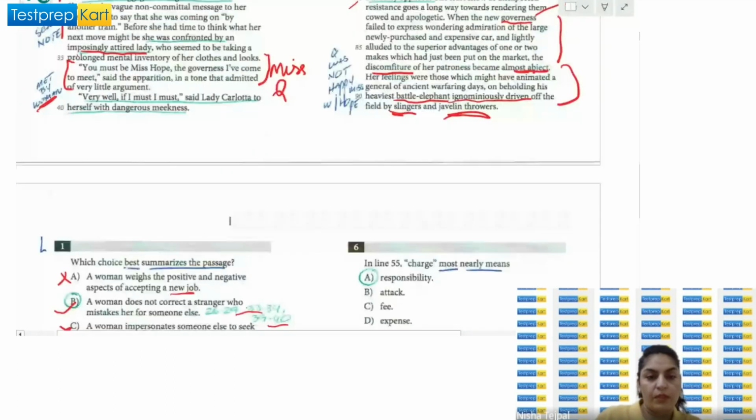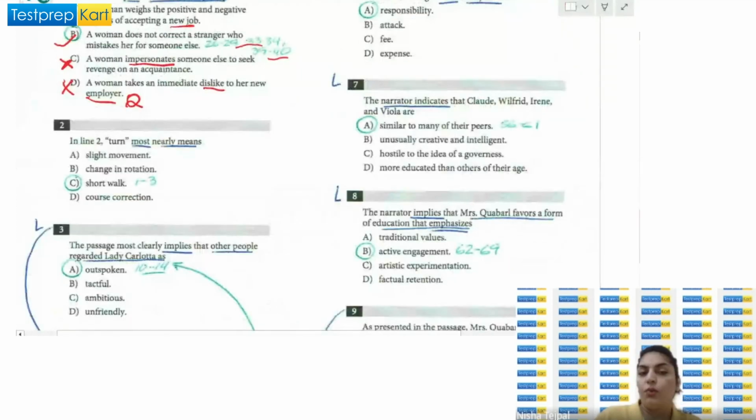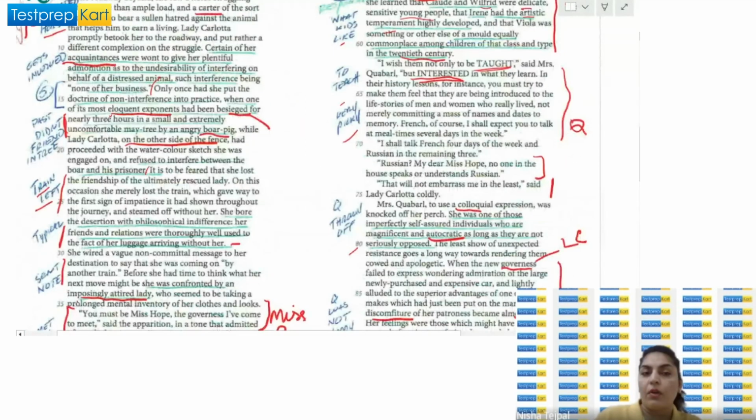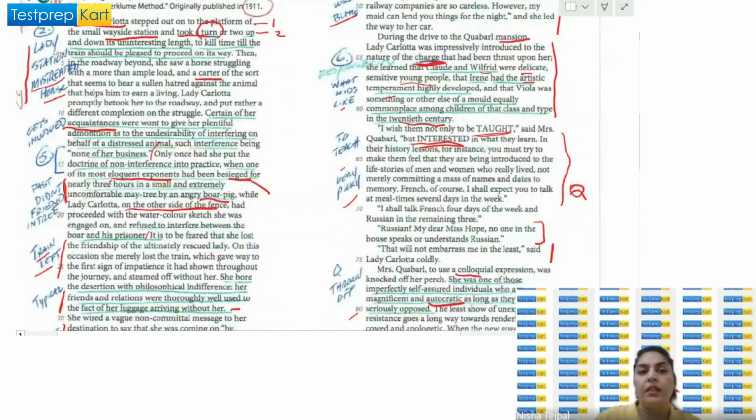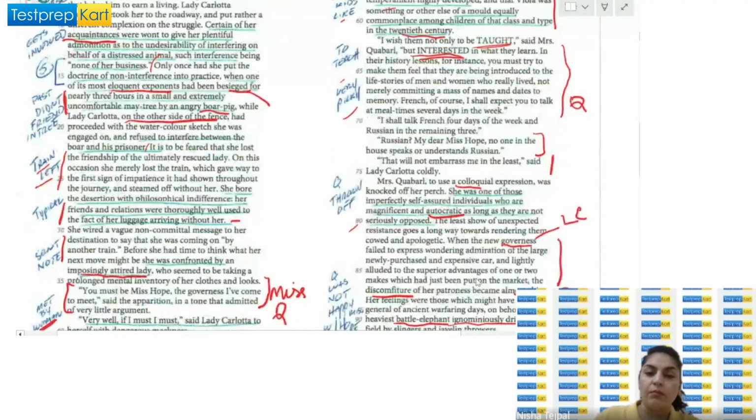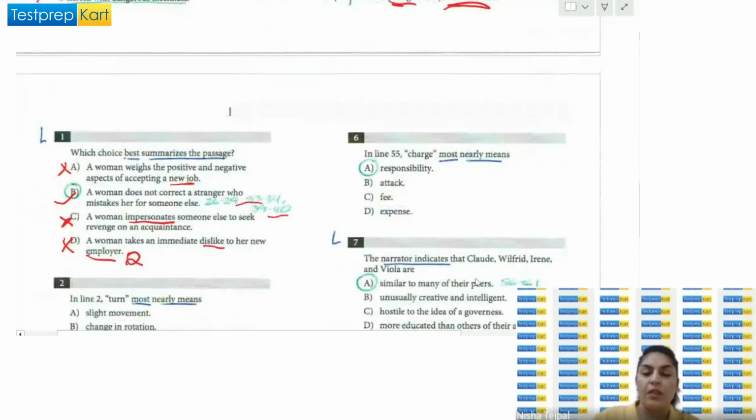Let's read the line first. Lady Carlotta stepped out onto the platform of the small wayside station and took a turn or two up and down. So what is she doing? Taking a turn means she is walking, she is taking a stroll, a small walk.